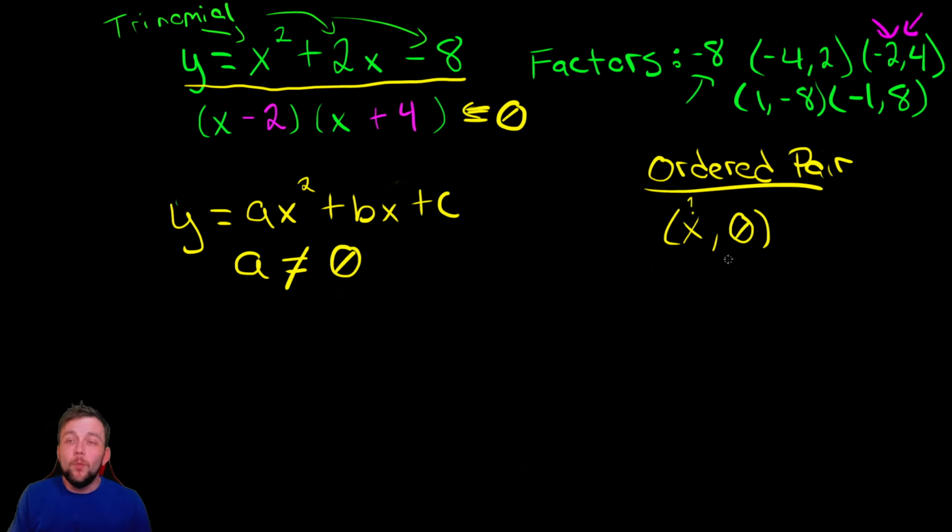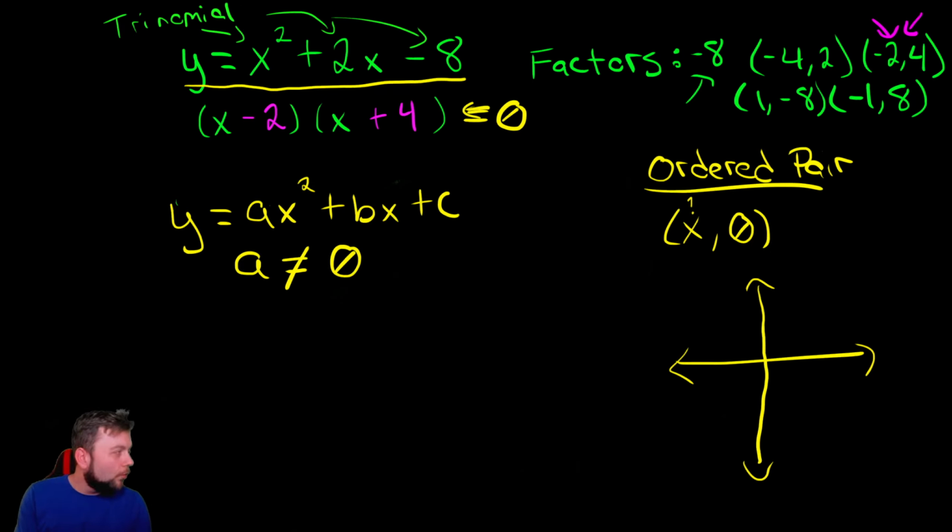What happens? Where are you located on your graph when your y is 0? If we were to graph this, my horizontal line is nice and straight. So if your y value is 0, where are you on your x?